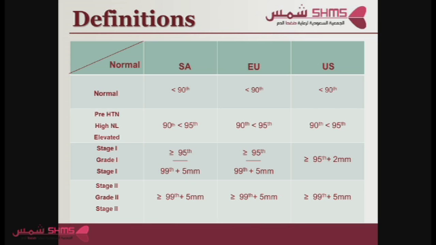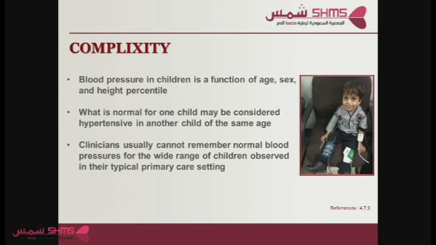And stage 2, we are all the same, but we and the European use the 99th plus 5. The American, they shift to the 99th plus 12 millimeter. So it is really complex. We have to have centiles, etc. Nobody can memorize what is the specific blood pressure in that specific child, of that specific height.